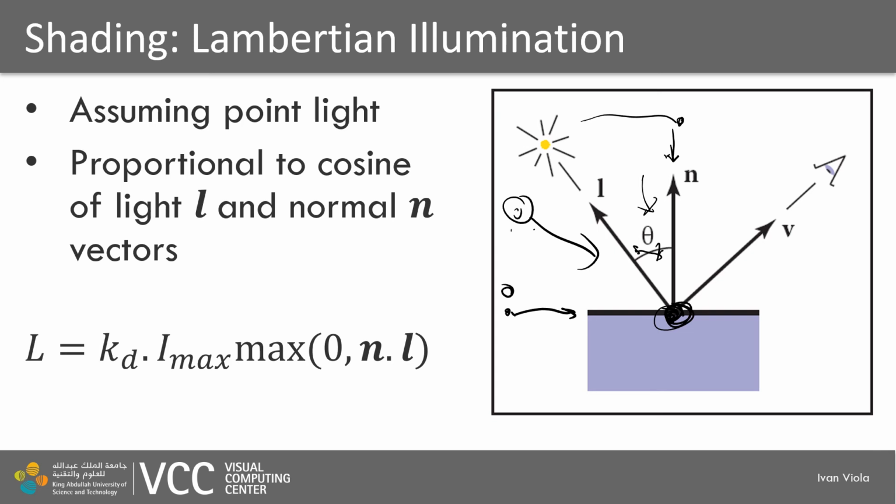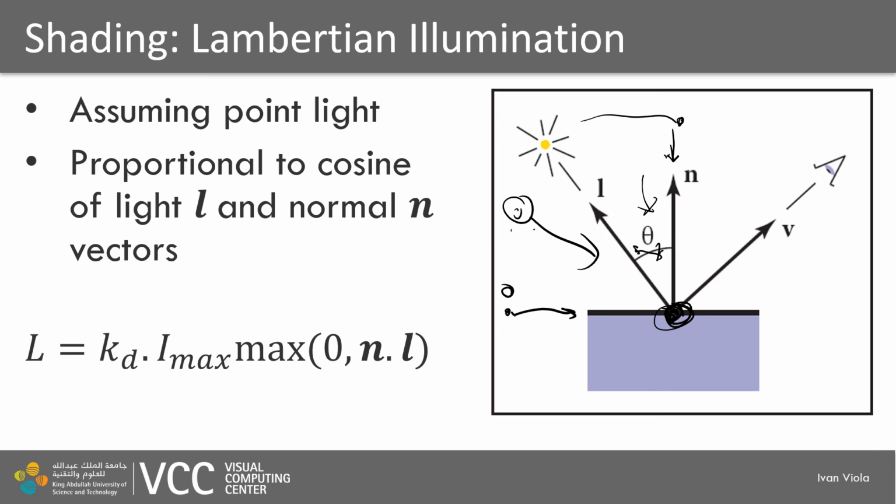So this nicely models our illumination relation between L and N. And this is the so-called Lambertian illumination, where the light intensity is calculated from the source light intensity and modulated by the cosine term calculated from the dot product of the normal vector and the light vector.